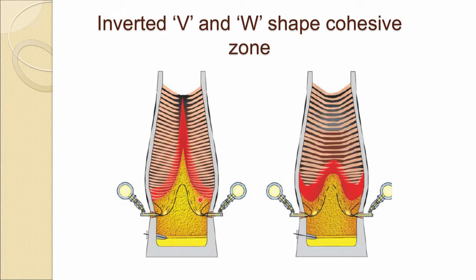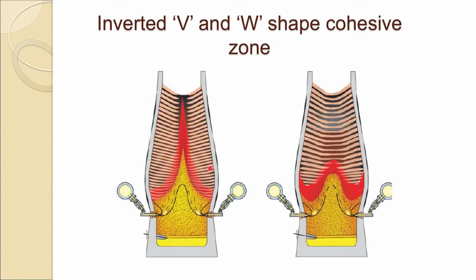So, most of the reduction on this side will take place here, and that is more by direct reduction, which is endothermic in nature, and that will give a chilling effect to the furnace. So, temperature will drop down, and sometimes even near the hearth. So, hearth chilling may occur, which is not at all desirable for chemistry of the metal and slag.